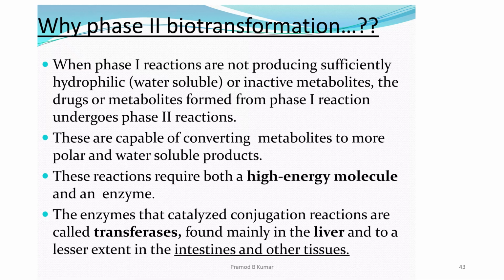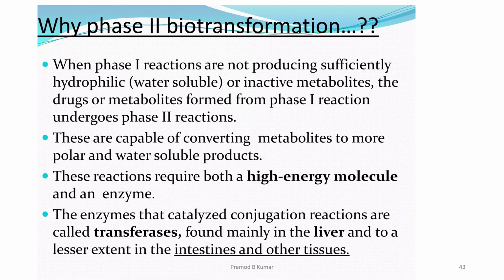The drug or its metabolite formed from the phase 1 reaction undergoes a phase 2 reaction. These reactions convert the metabolite into polar and water soluble compounds, and all these processes are high energy and enzymatic. Most of the enzymes involved are transferases, mainly found in the liver and to a lesser extent in the intestine and other tissues.